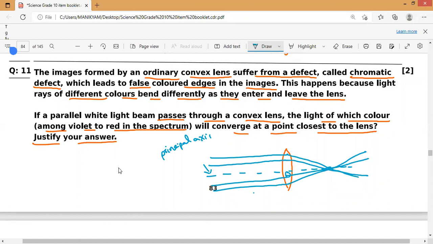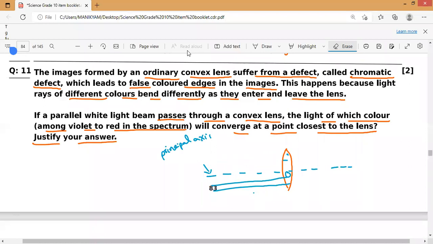Now, what does chromatic defect mean? Imagine that white light is coming. As we know, white light is a combination of how many colors? 7 colors. Whatever light is coming, it is definitely converging. The lens is perfectly working; it is converging the image at one point only.